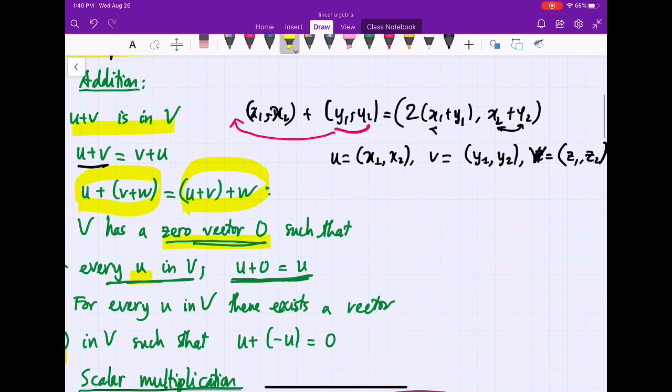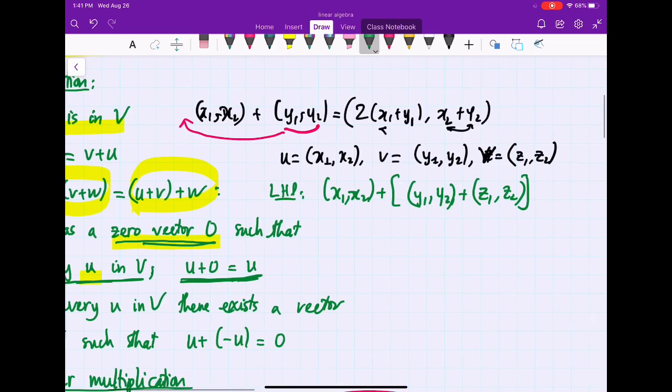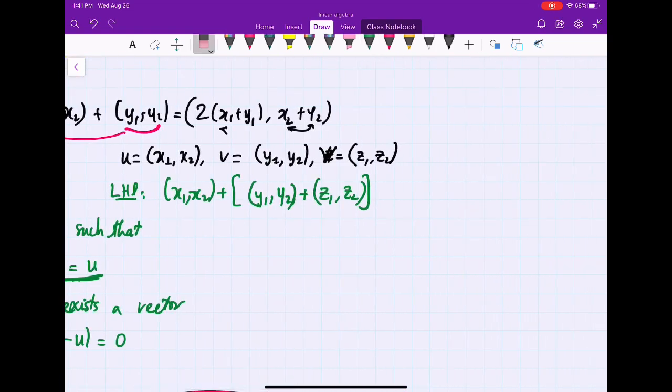The left hand side would be equal to u, (x1, x2), plus (y1, y2) plus (z1, z2), right? So according to the addition, this is equal to 2 times (y1 plus z1) and then y2 plus z2.